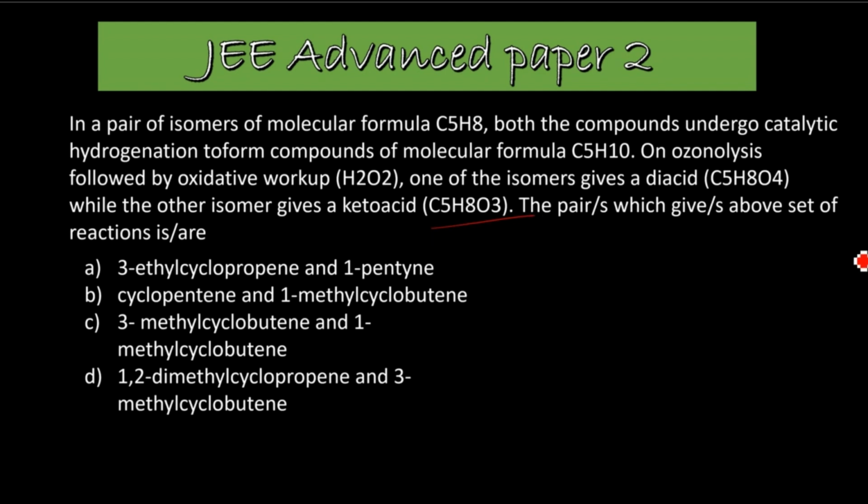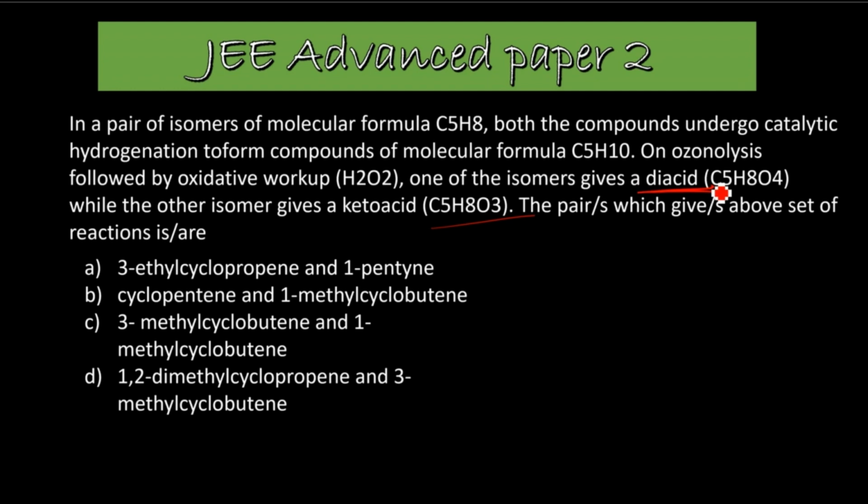The pair which gives the above set of reactions are... So in this case, we are looking for a compound which on ozonolysis, followed by workup, one of those isomers gives diacid.